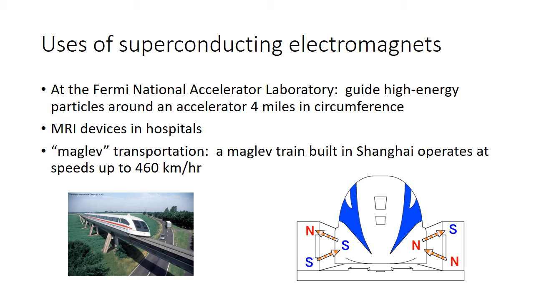Basically they use superconducting coils on the underside of the train, and they take the aluminum track that they run on and make it become a magnet so that it is repelling the train upward by use of the superconducting electromagnet, so that the train will hover just above the track a little bit. And because you've reduced that friction, the train can go much faster.